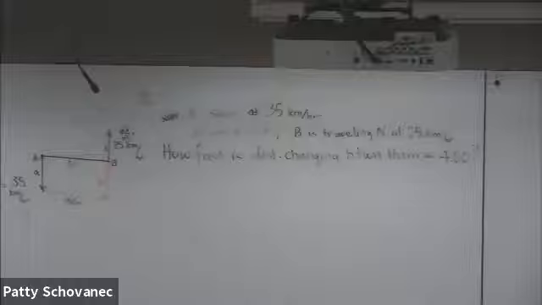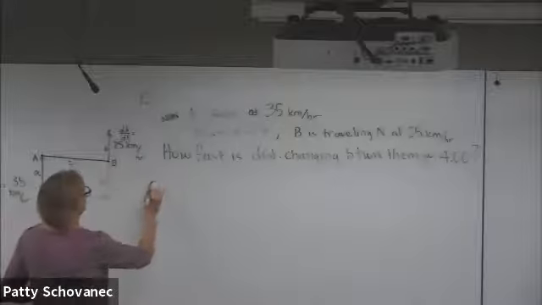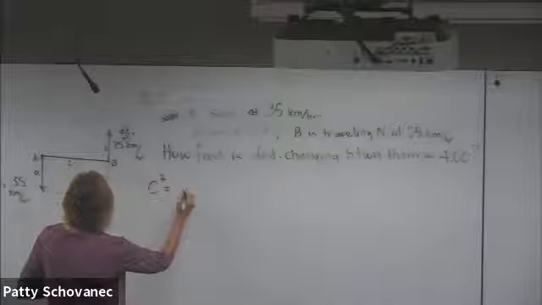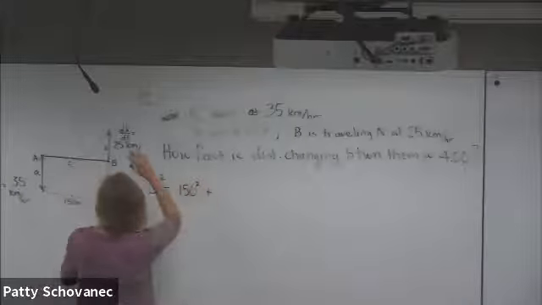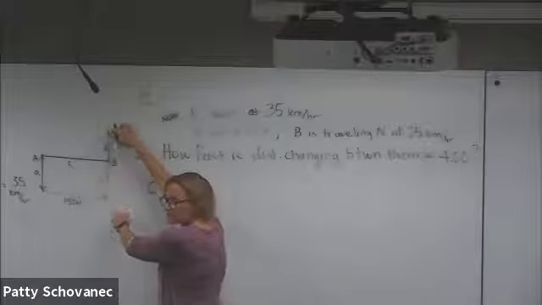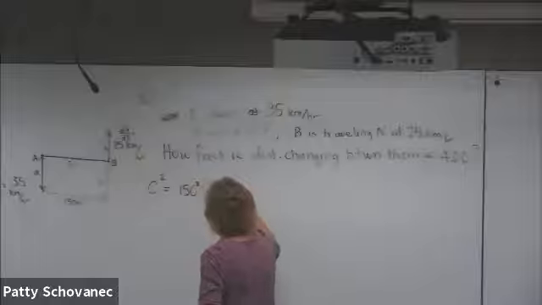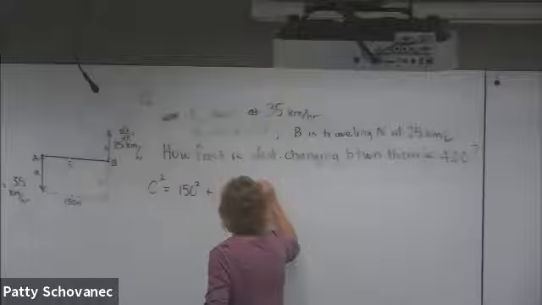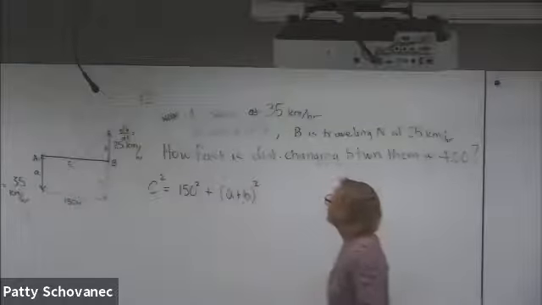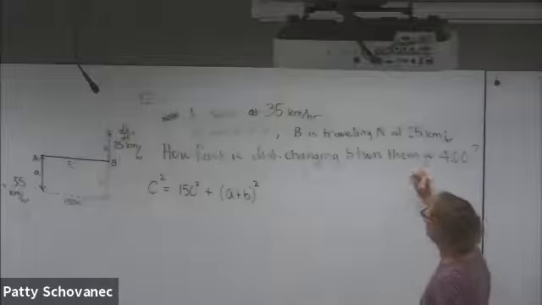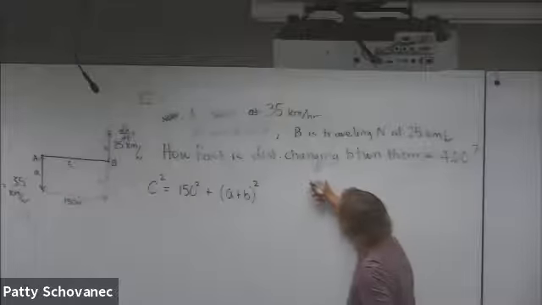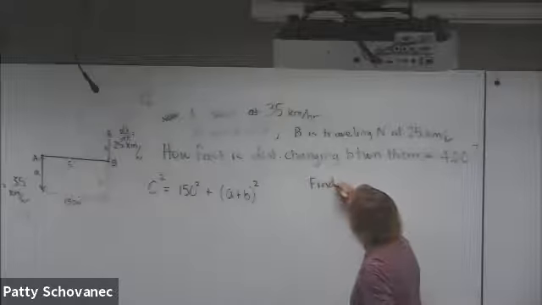So at least we can now write the Pythagorean theorem that c squared is equal to 150 squared plus, now this whole leg would be (a plus b) all squared. We want to know how fast the distance between them is changing, so our goal is to find dc/dt.